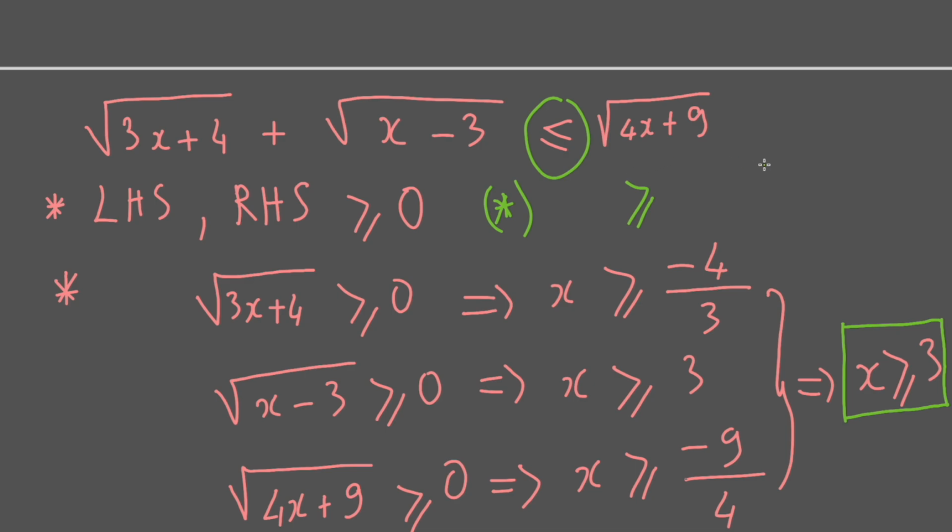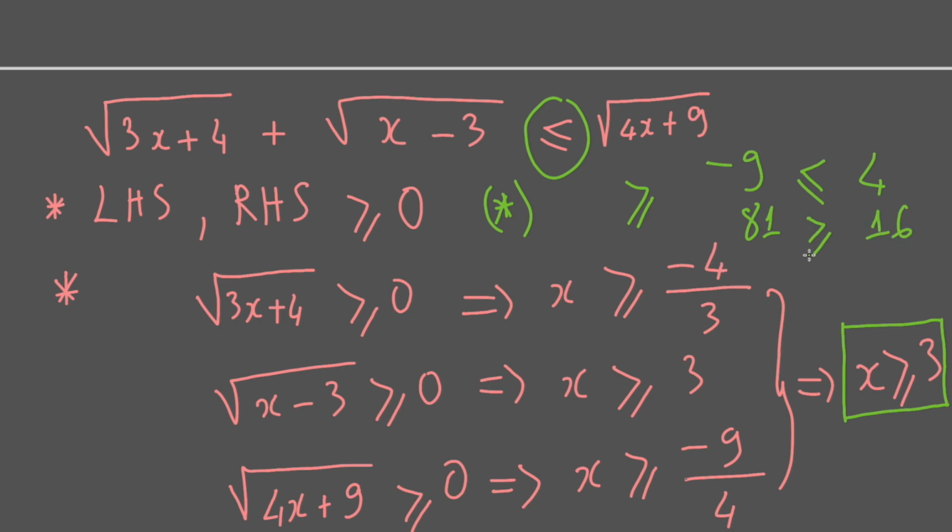The reason is, let me give you a specific number: negative 9 is smaller than 4, but when you square both sides, it will be 81, and the sign changes to greater than 16.